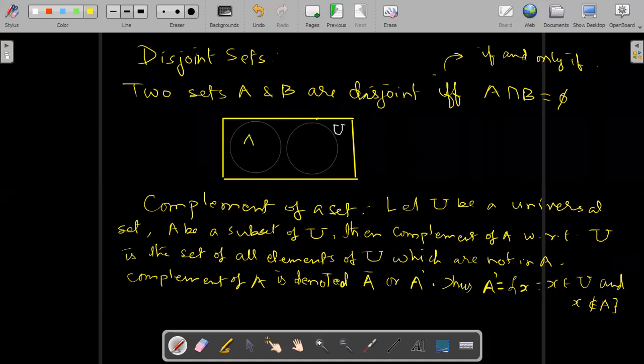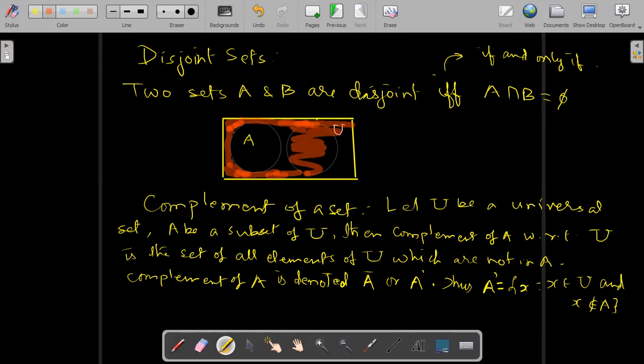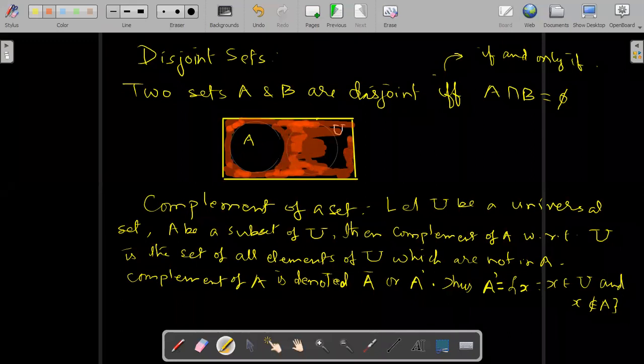Suppose this is set A. Then its complement will be the outside of this whole portion, the whole portion of the universal set outside A. Full outside portion in the universal set will represent the complement of set A. Okay, so this is the complement.